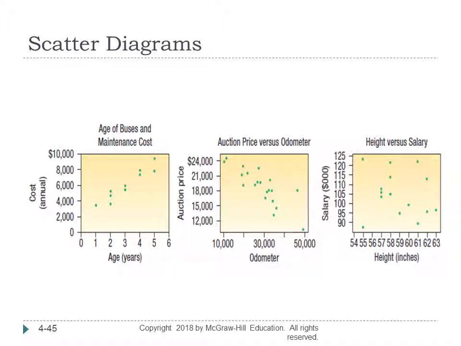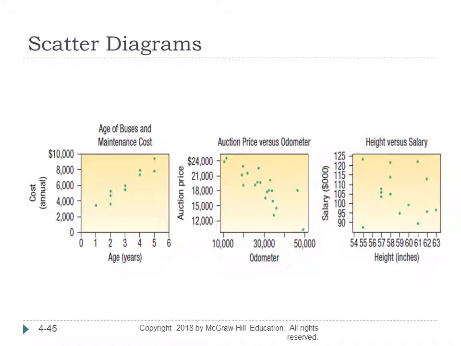If we look at the data here, each point, the horizontal direction represents the age of the bus in years. The vertical axis represents the cost. For each point, the coordinates give you the age of the bus and the cost of the maintenance for that same bus.